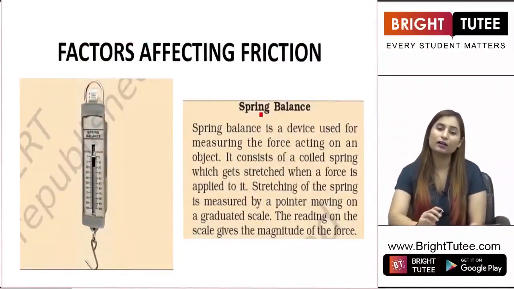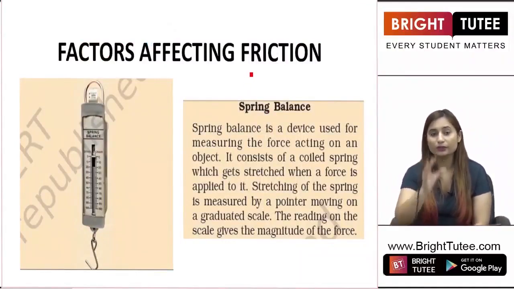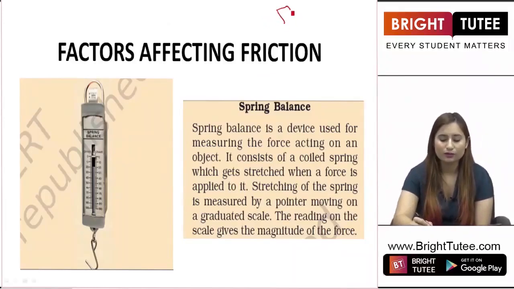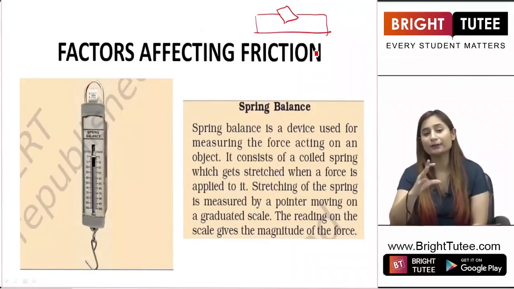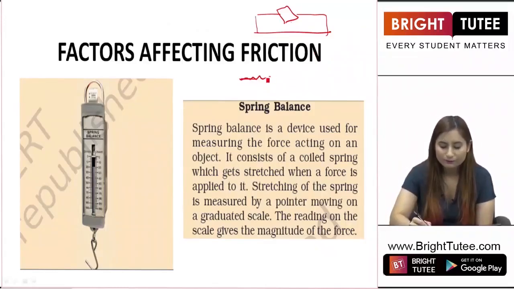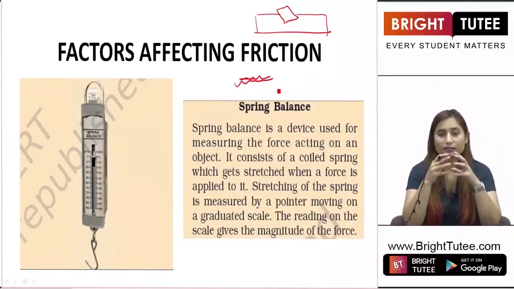I also have to tell you that friction always occurs when there are two surfaces. For example, in the first lecture we saw that there was a book placed on a table, right? The book was stopped because of the contact between book and table, right? So the surfaces of book and the table, we always consider that there is a substance.